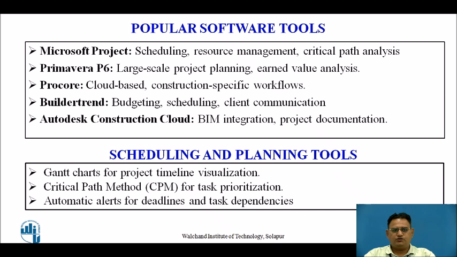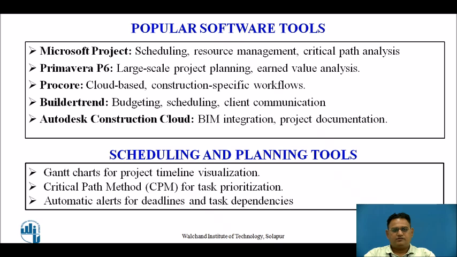Popular software tools which are used in the construction industry. The Microsoft Project, which is helpful for the scheduling, allocation of resource as well as resource management, and to declare the critical activities and the critical path. Along with that, it is helpful to generate the various reports.